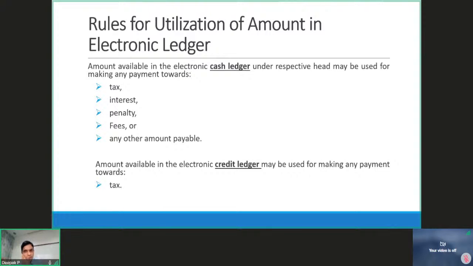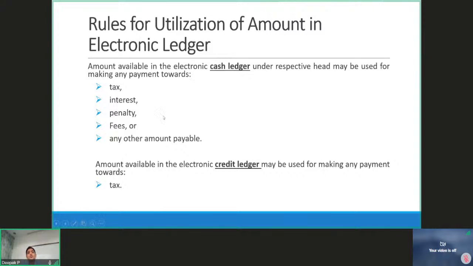You can utilize it any number of years also. Once you have claimed it in your return, it is available to you. The balance in your electronic credit ledger is available for a long time. That will not get exhausted. The adjustment is possible between major and minor head now. Yes, major and minor head, now it is possible.